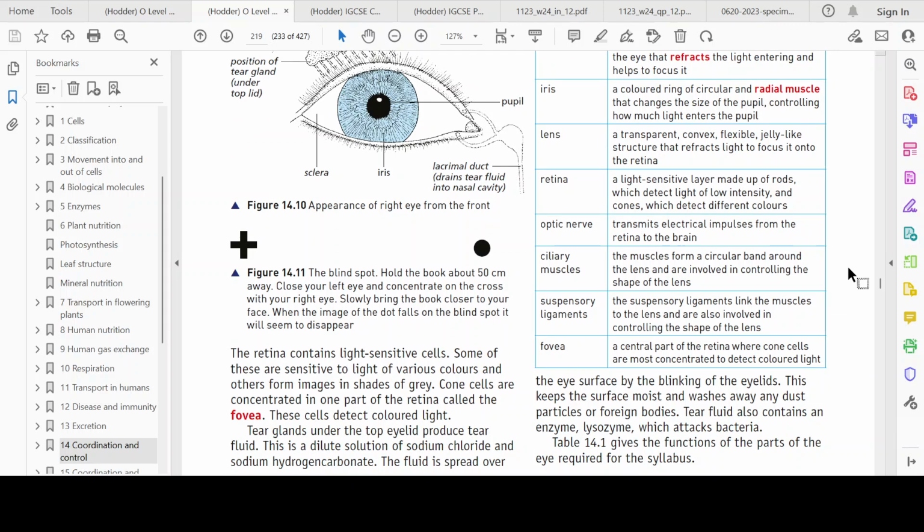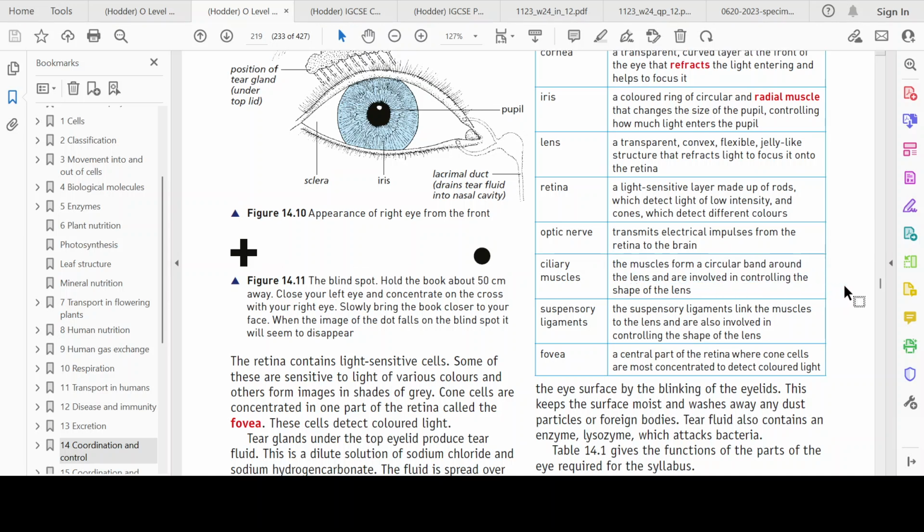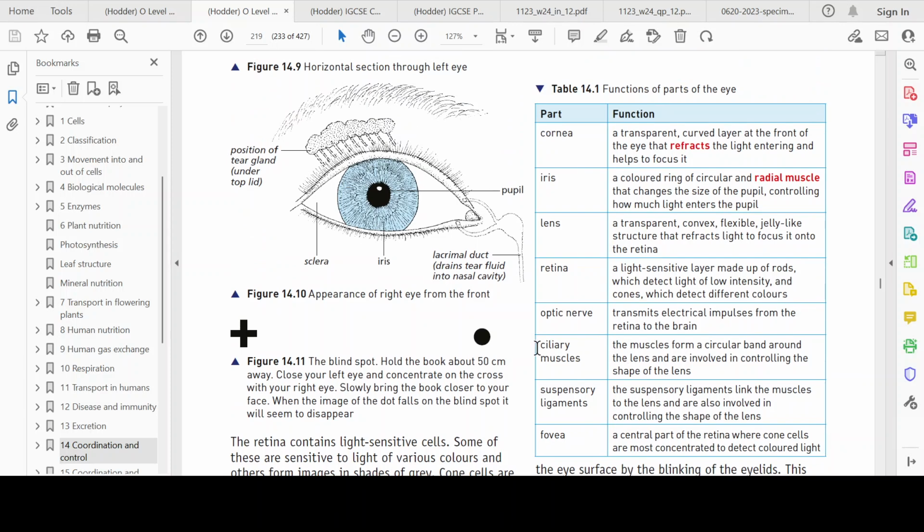So any light falling on the optic nerve is not going to be detected. Then you have the ciliary muscles. These muscles form a circular band around the lens and are involved in controlling the shape of the lens. Do not confuse ciliary muscles with circular muscles.